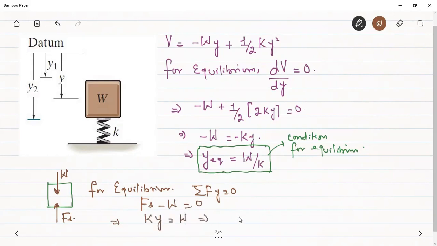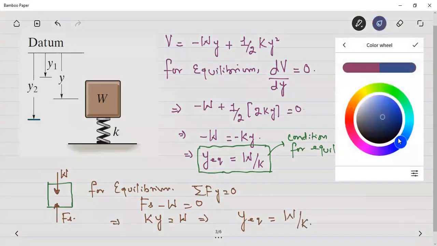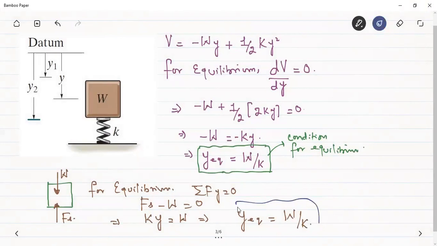So from here we get that for equilibrium, since we have used the condition of equilibrium, instead of y I write y eq, which is equal to w by k. Whether I am using the force analysis or the criteria of the potential energy for the equilibrium, I get the same result.